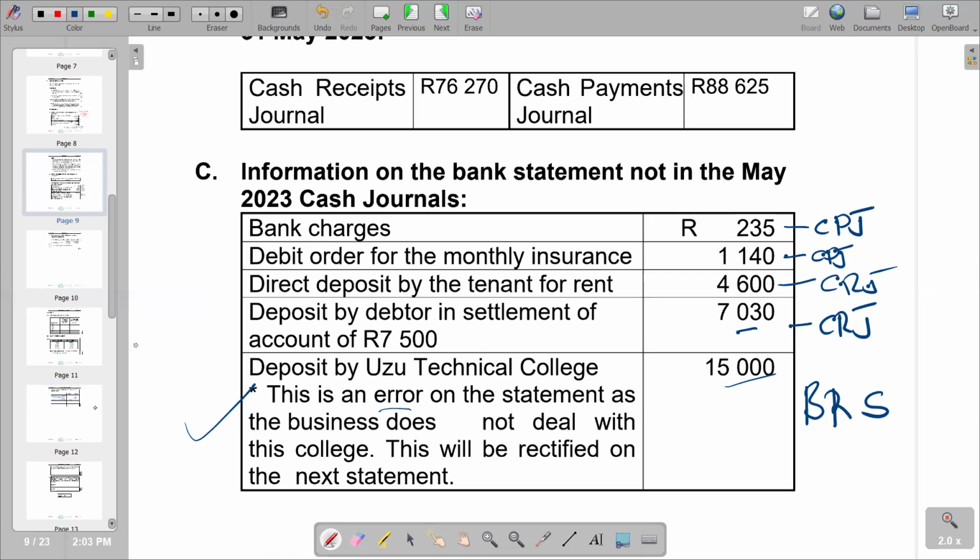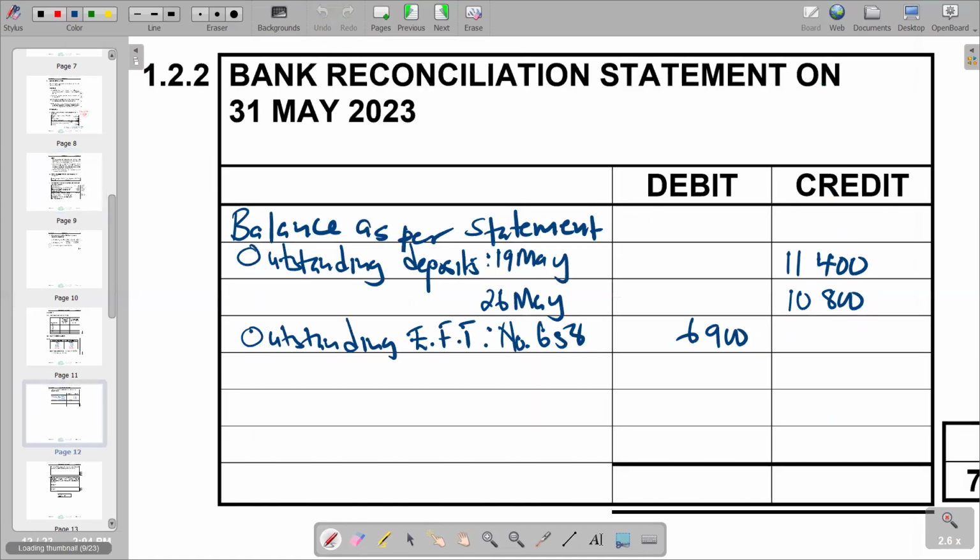So 15,000 has to be removed as an error on statement, or we can just represent it as an incorrect deposit. So in our answer section, we are saying incorrect deposit, 15,000.